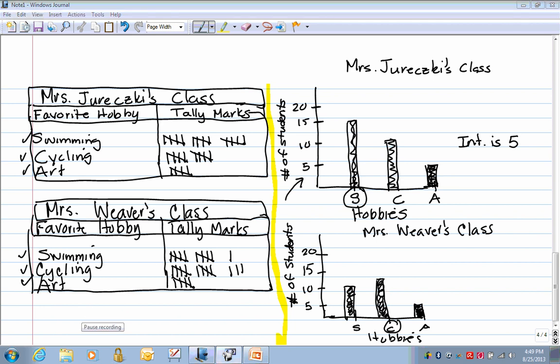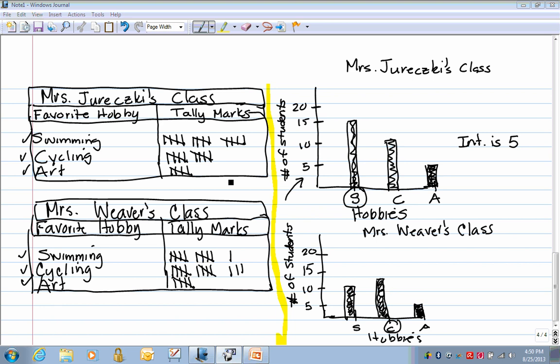Okay. If I look at both the chart and the graphs, I could see that both of them show the same data. So I'm looking at the same thing. However, with the bar graphs, I can quickly see how the heights of the bars compare.